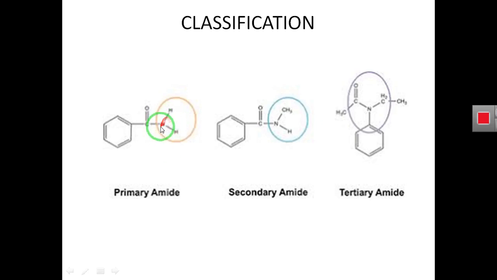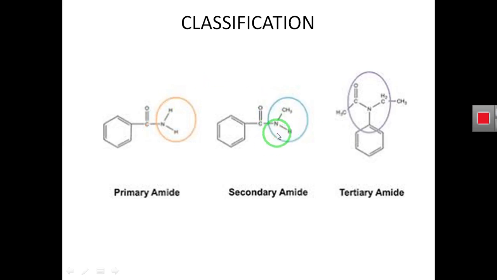Here we can see that in the case of a primary amide, the nitrogen atom of the amine group is attached with one carbon atom. If you have to just remember it, if the nitrogen atom in the amine is attached with one carbon atom, we say it or know it as a primary amide.